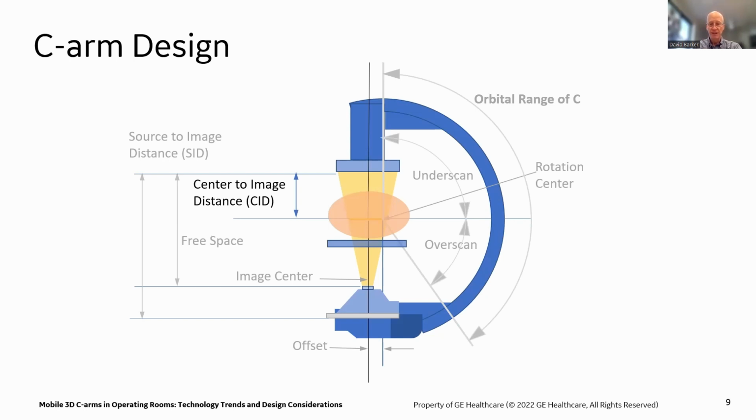If the CID is too big, it usually means that the workflow for the staff is going to be interrupted constantly by changing the height of the system, or moving the table, or doing something because you just can't get the image projected onto the detector the right way. And if it's very small, you minimize your magnification on the detector, but if you make it too small, then there's no room for the doctor to operate in between the detector and the patient.